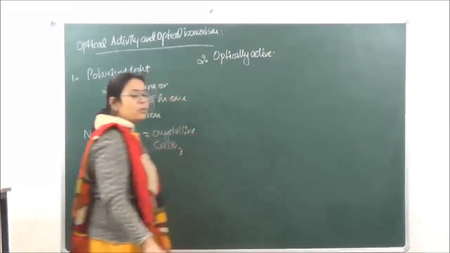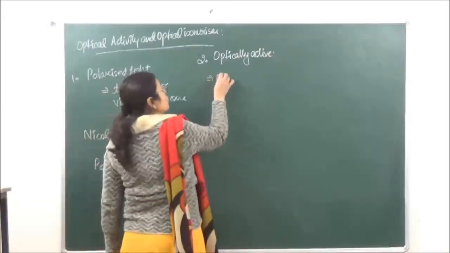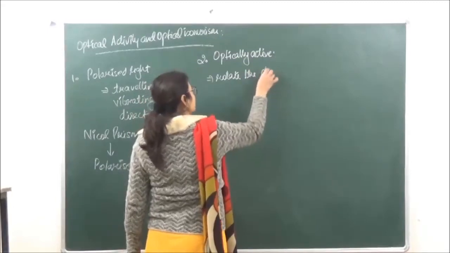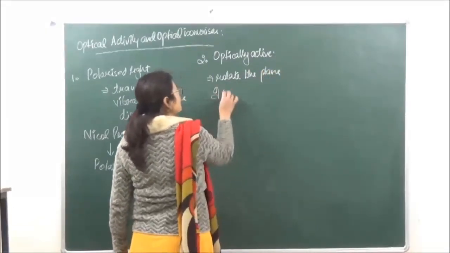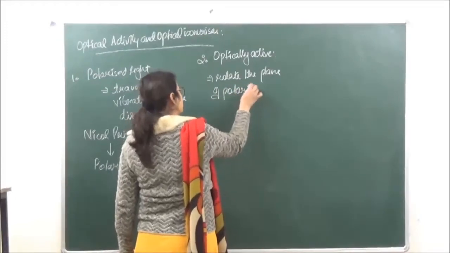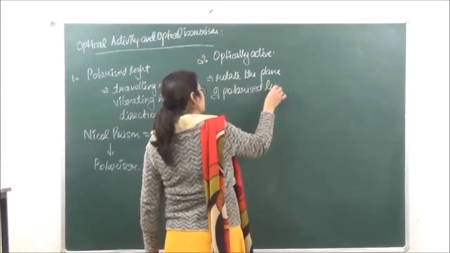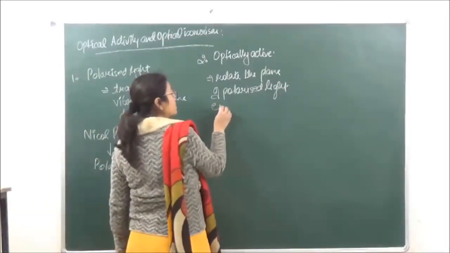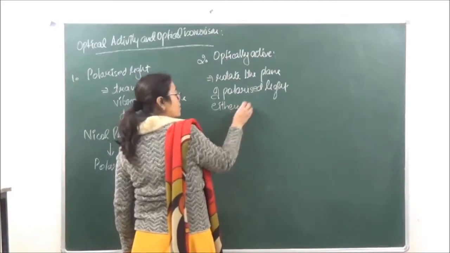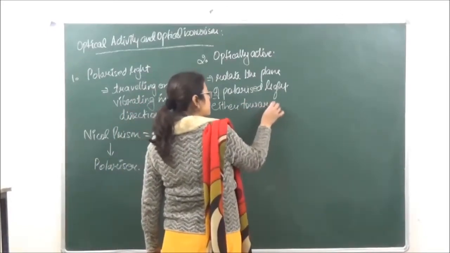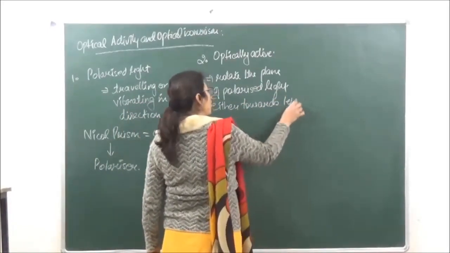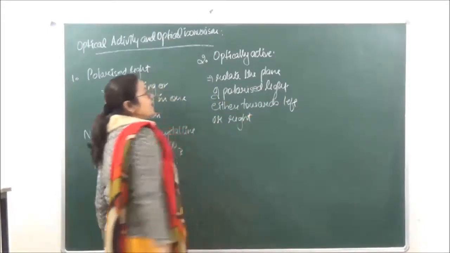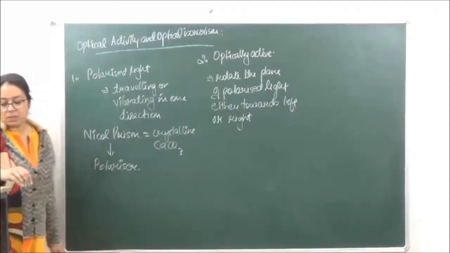So compounds which have a tendency to rotate the plane of polarized light either towards left or towards right are said to be optically active substances.